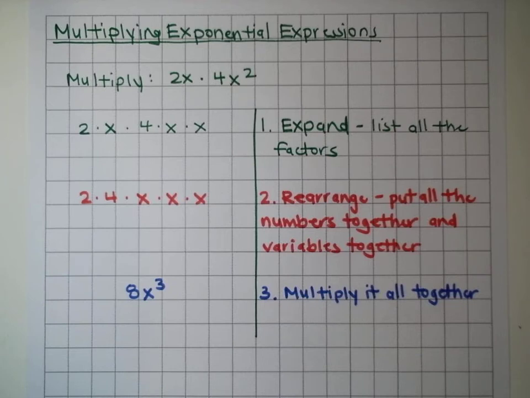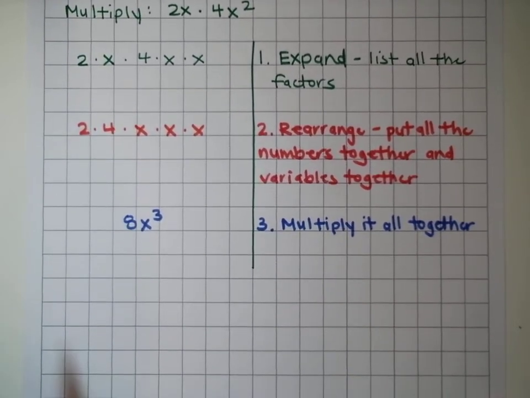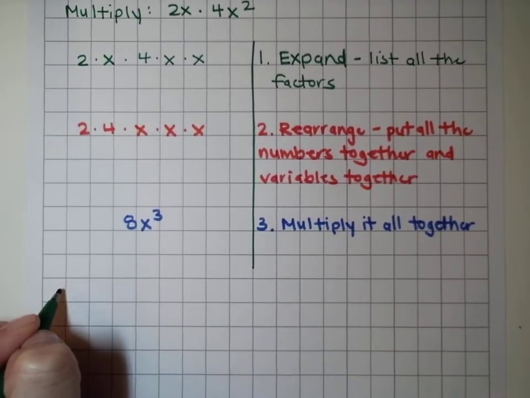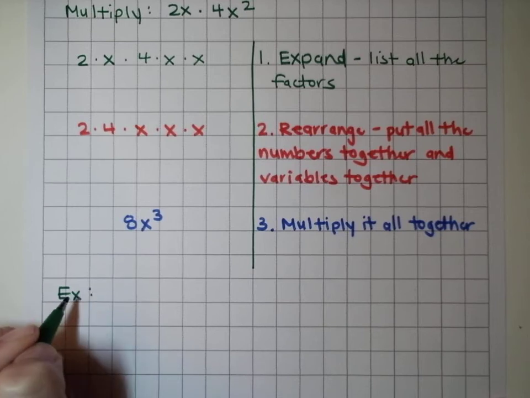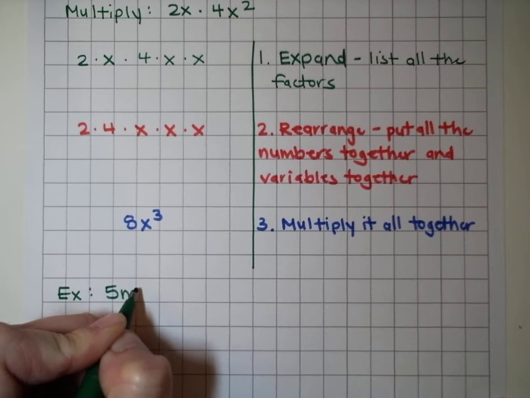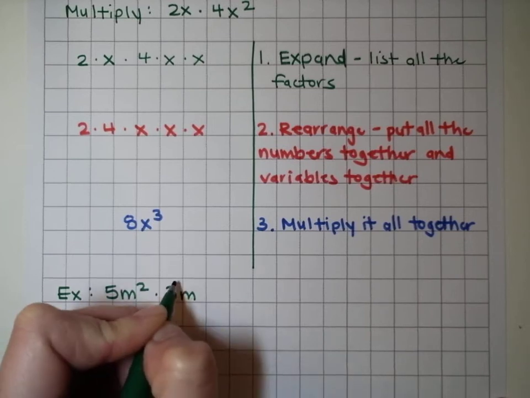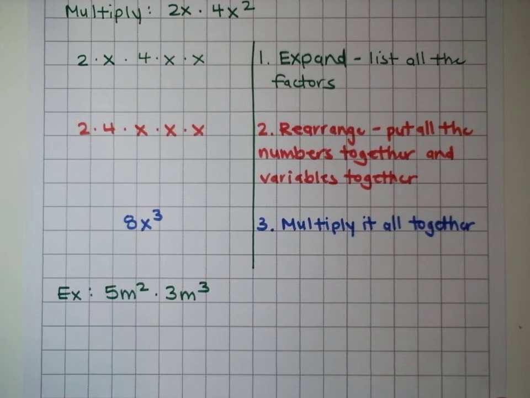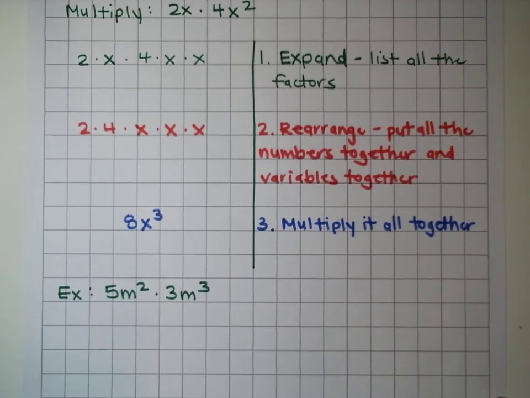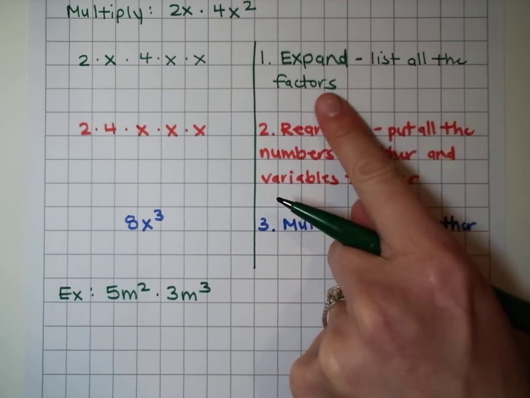Let's do one more example. Let's say we have 5m squared times 3m cubed. So our first step was to expand or list all the factors.